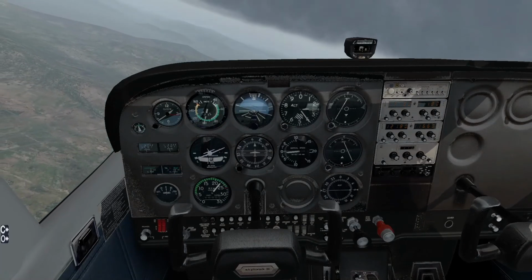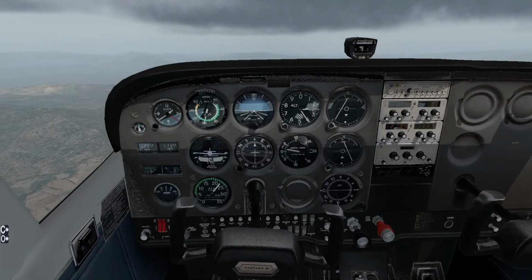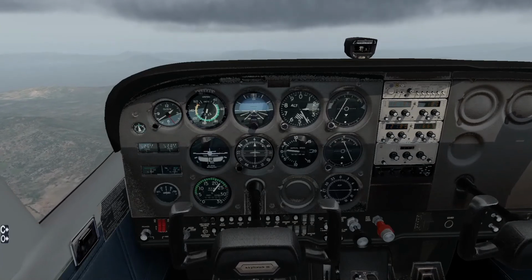Passing 050 degrees, and we roll out. So that pretty much sums it up.